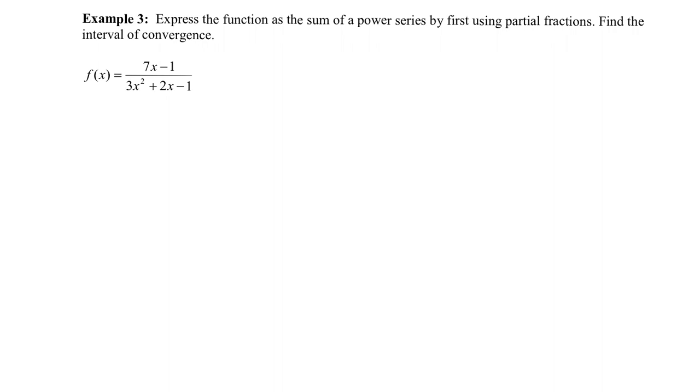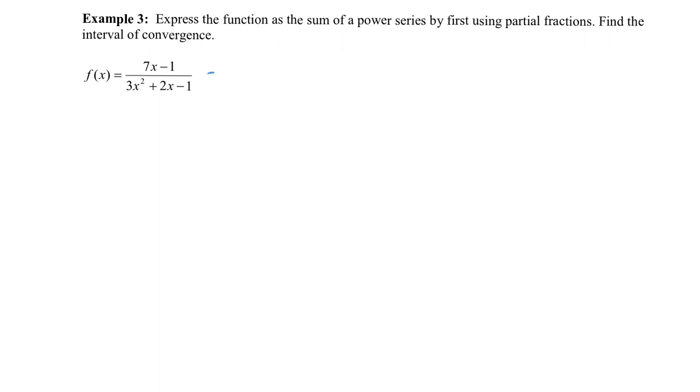as you can see, looking at this, this is nowhere near 1 over 1 minus r, right? There's just no way to make that work. So what we're going to do is use partial fractions, break it up into two parts, and the two parts will be able to be manipulated to fit into that form 1 over 1 minus r.